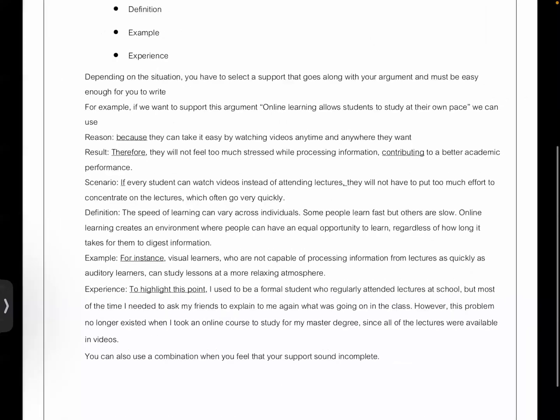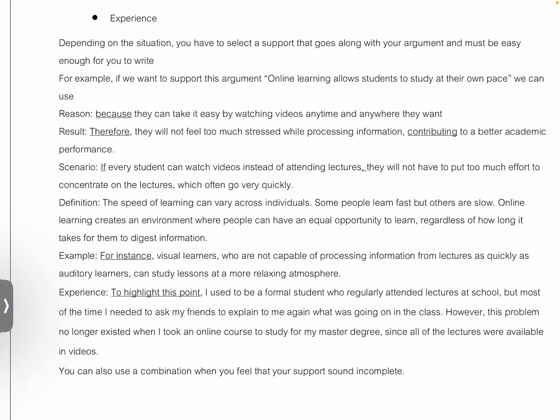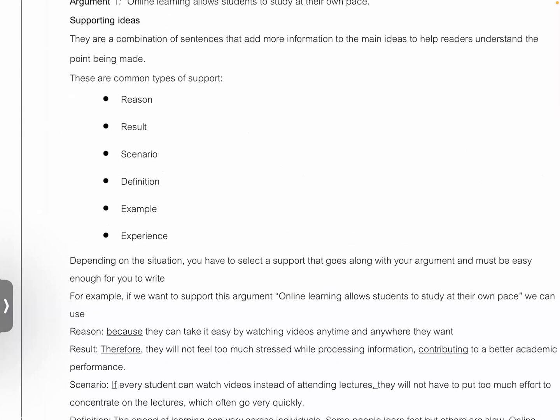Okay. So once you have created all the support, next is to decide on the combination. So you can combine reason and result together to form a stronger, more clear support. Or you can combine reason, result, and example.